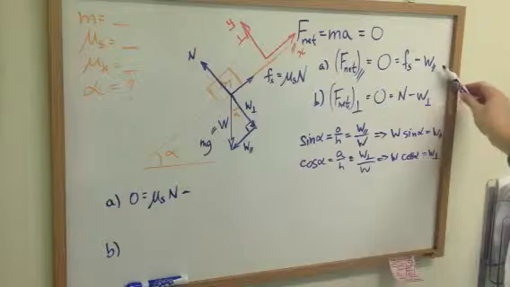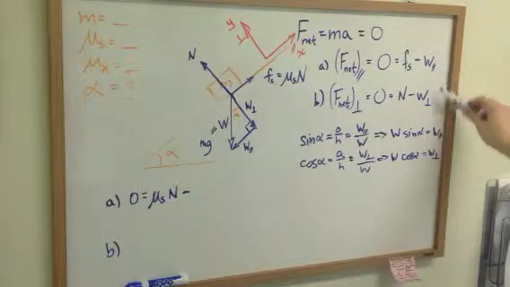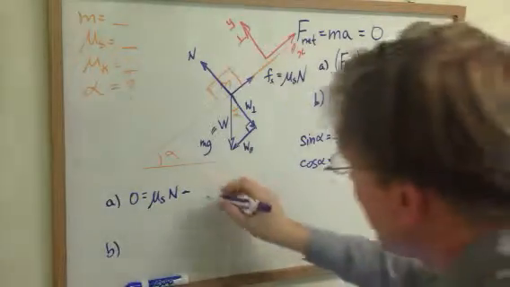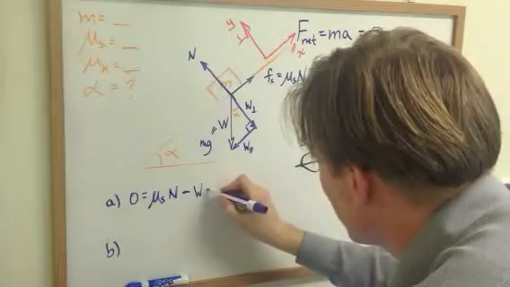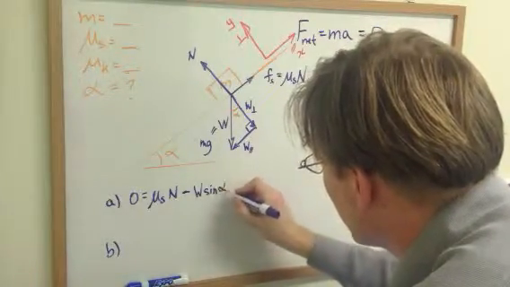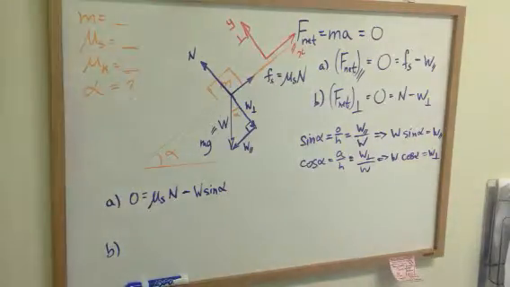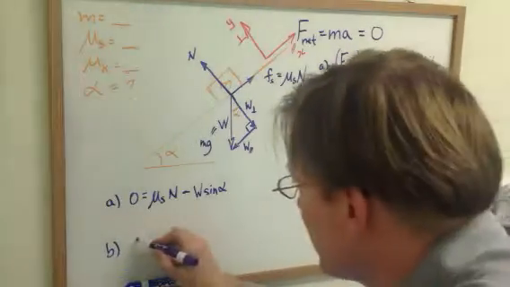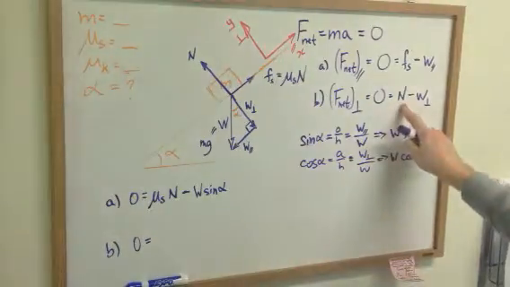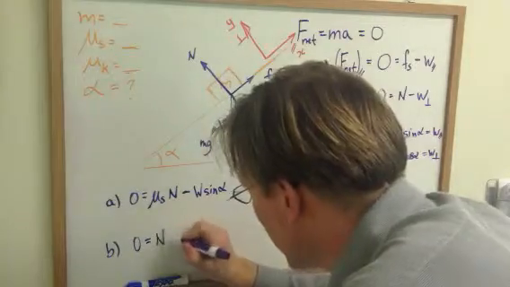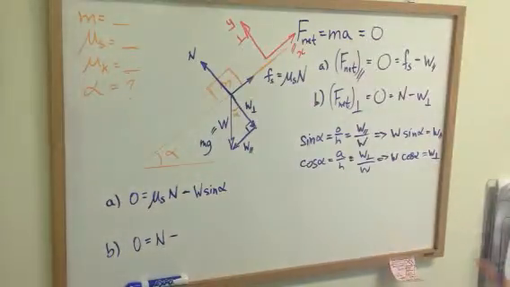So I'm back to wondering what my weight parallel is. It's equal to the weight sine alpha. And my second equation says 0 is equal to n. I don't know n.